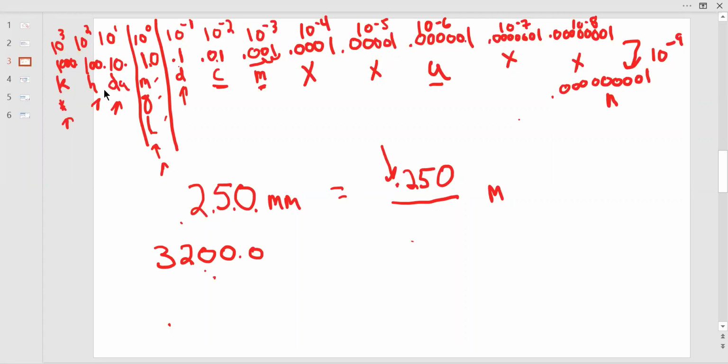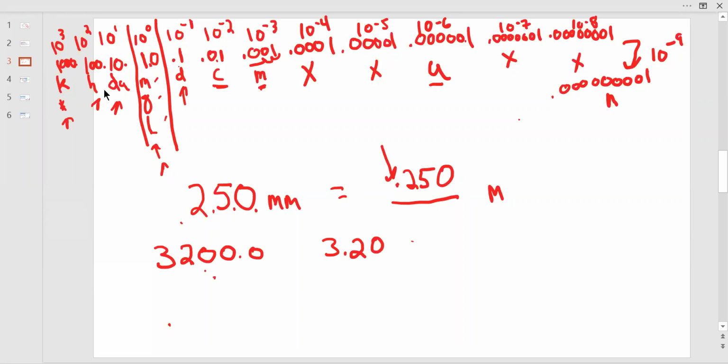So scientific notation takes the first whole number, left to right, which is 3, puts a decimal point there, and goes 3.20.